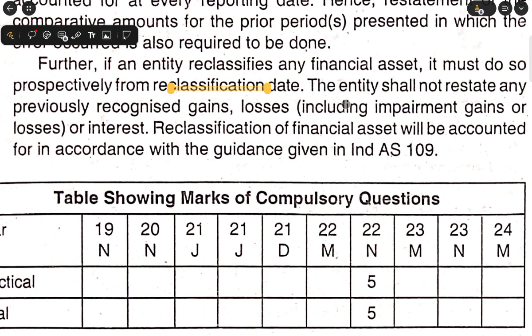So from this period, not the prior period, the entity shall not restate any previously recognized gains or losses, including impairment gains or impairment losses, or interest. The reclassification of financial assets will be accounted for in accordance with the guidance in Ind AS 109.